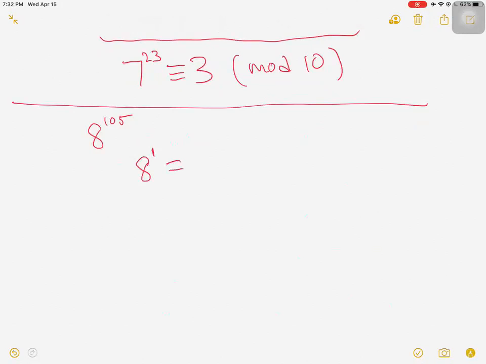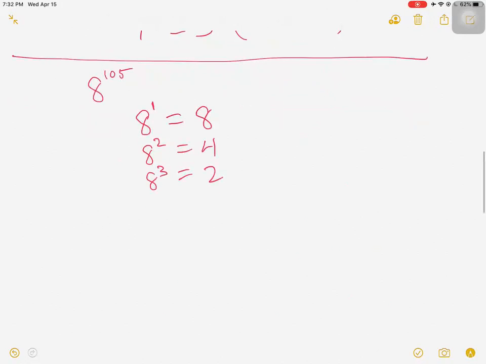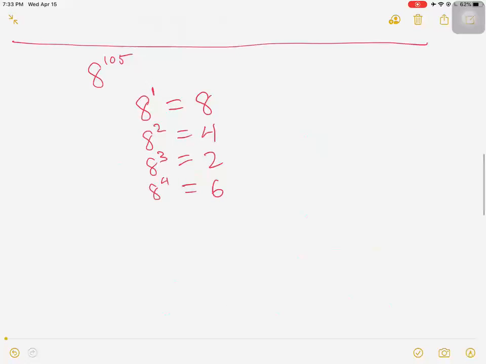Oh, so we go 8 to the 1, the last digit is 8. 8 to the 2, the last digit is 4. 8 to the 3, the last digit is 2. And 8 to the 4, the last digit is 6. So the way we can find this fast is we can just multiply the previous number by 8.